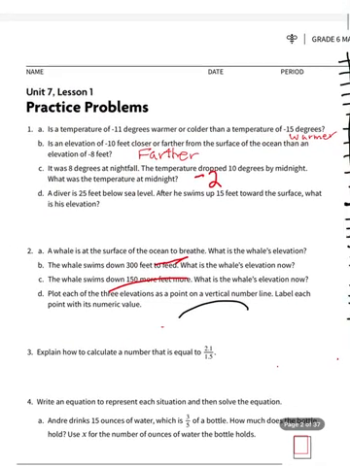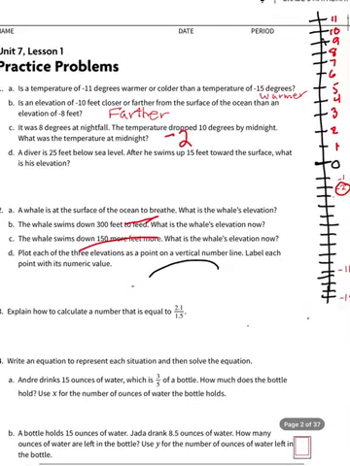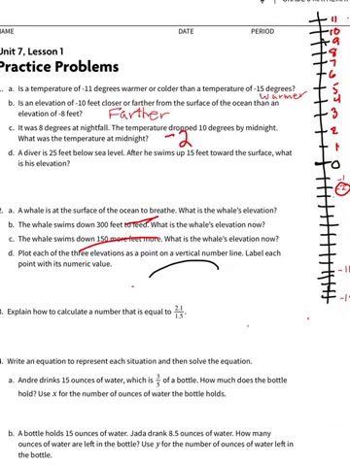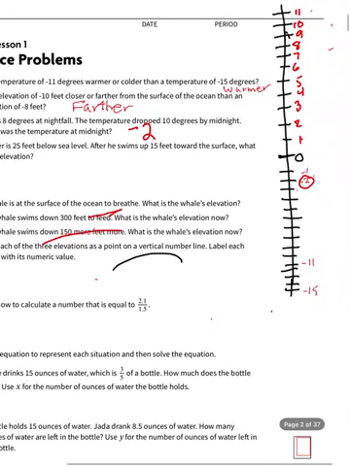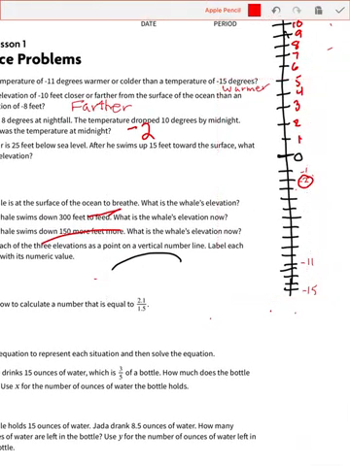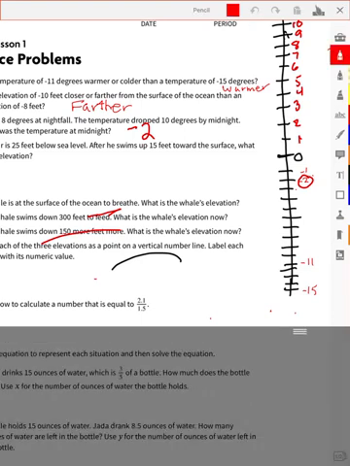Alright, so 1D says a diver is 25 feet below sea level after he swims up 15. What is his elevation? So we have to add on here.